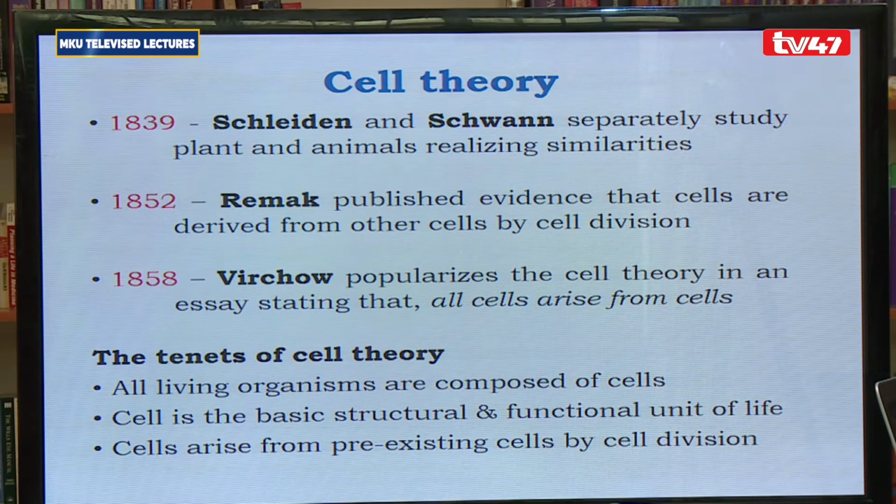Actually, the editorial essay that he wrote was not his work. He didn't go to the lab and do the work himself. He compiled information from other scientists who had worked on cells and was able to come up with that essay. Most of the work he reported was done by Remak, who also studied cell division, but he did not credit Remak in his essay.